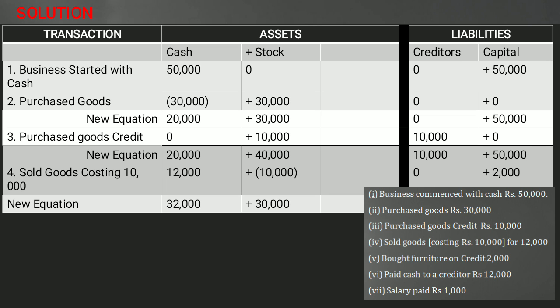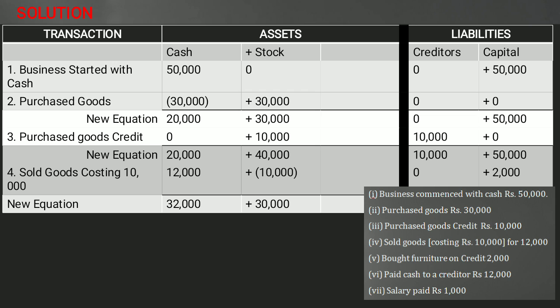This 2,000 will increase our capital, because I have already told you, once you get any kind of profit or income, it will increase your capital. If there is any loss or expenses, it will decrease your capital. So in this transaction we have profit, so it will increase our capital.